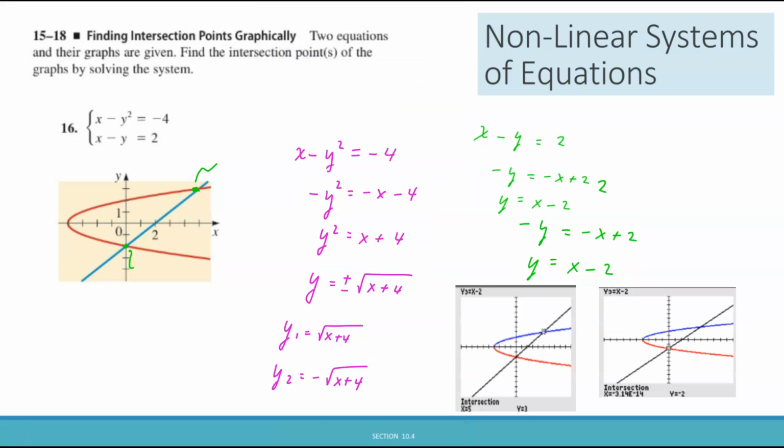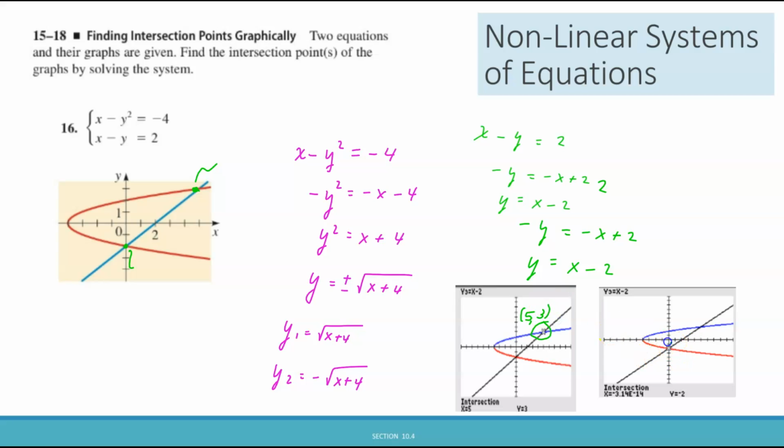Okay, so using the graphical way of solving, we have our two answers. Our first answer is this one here, x is 5 and y is 3. So one solution is 5, 3.